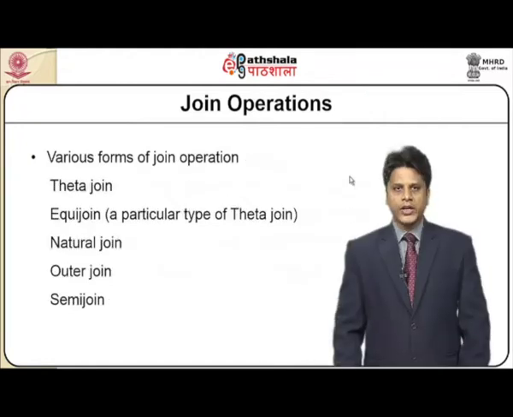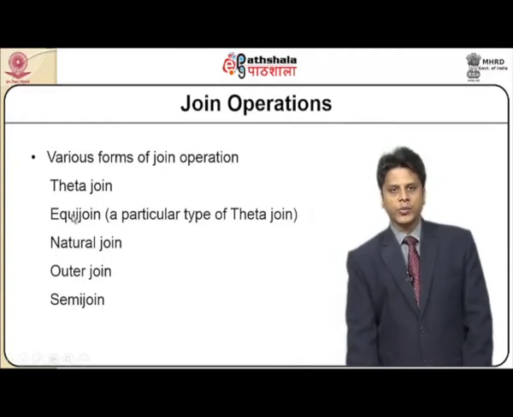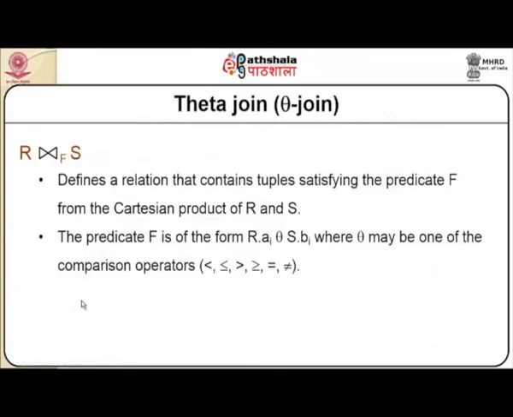There are various join operations that are to be performed, like theta join, equi-join, natural join, outer join and semi-join. First we will look at what theta join means. Theta join happens between two relations and join is generally indicated with this symbol, where the predicate has to be mentioned.